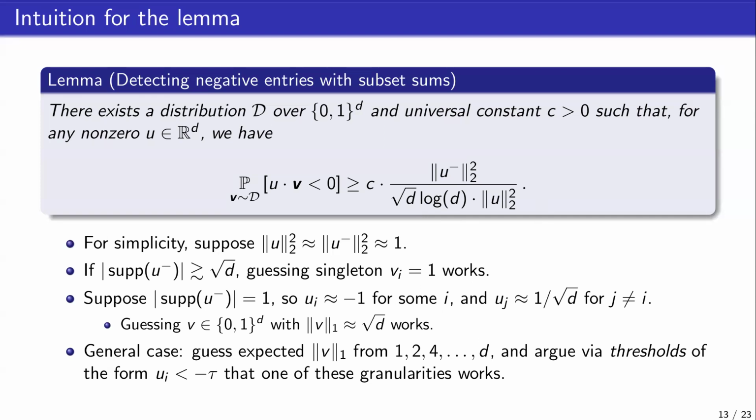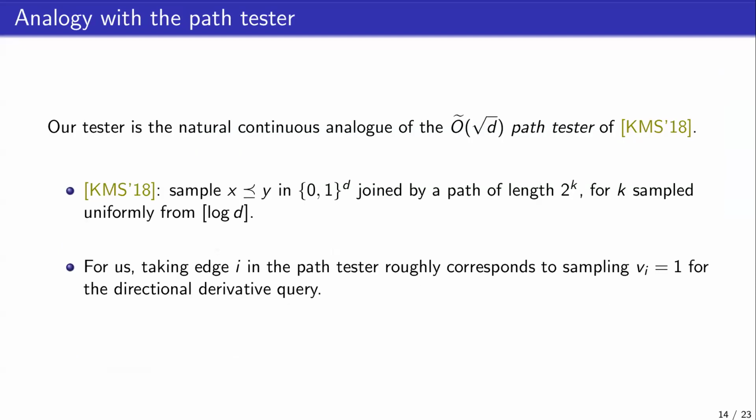So I don't want to tell you too much about the tester anymore. I will just make one observation related to the question about the Boolean world, which is if you're familiar with the path tester from that KMS 18 paper that I told you about, then our tester is essentially the continuous analog of the path tester. In the path tester, I choose a length to the decay for a path, and then I take edges at random, a random walk.